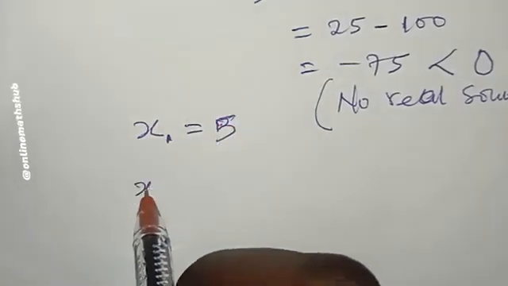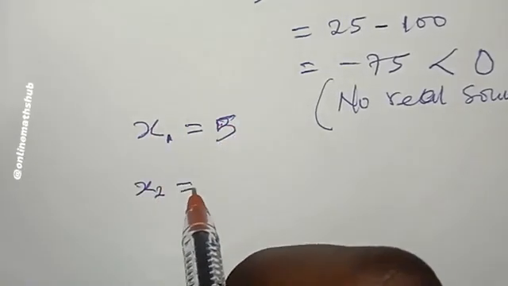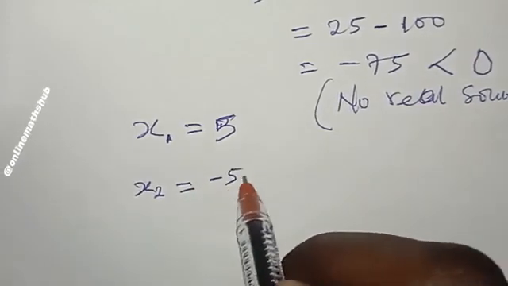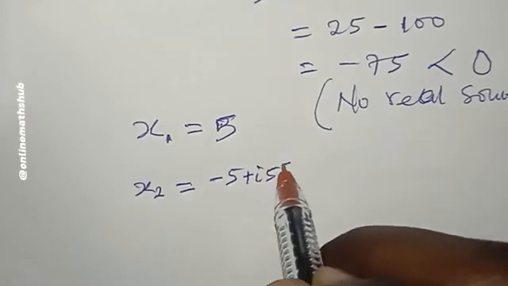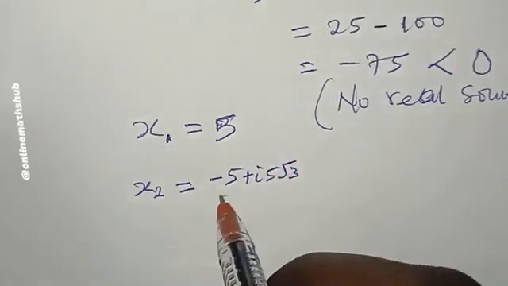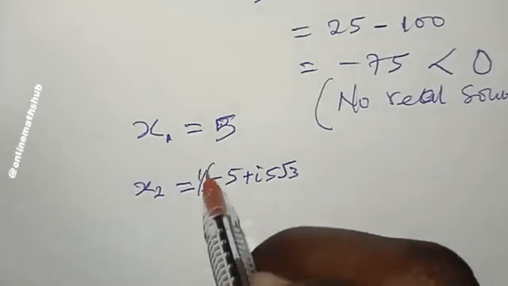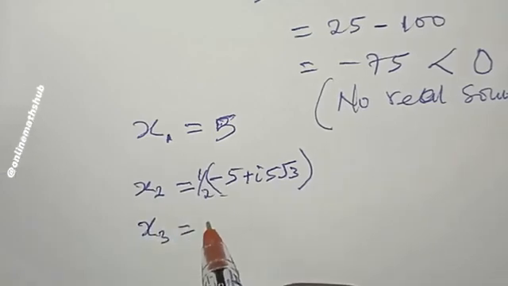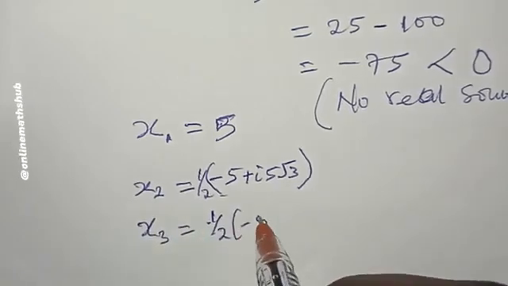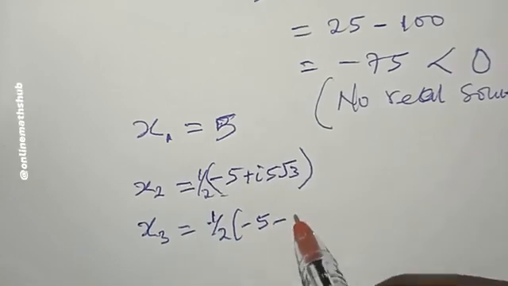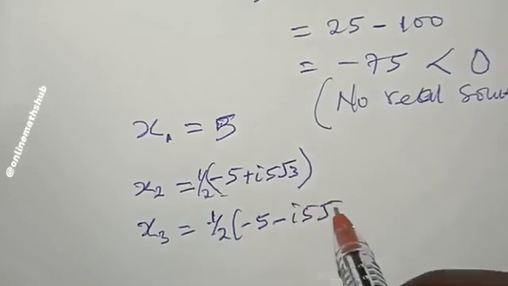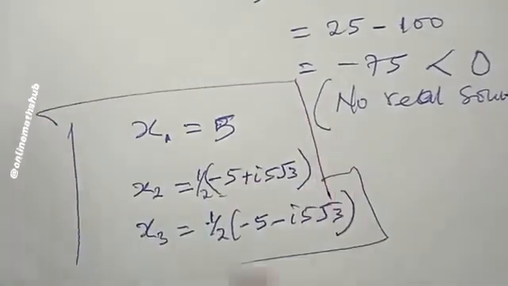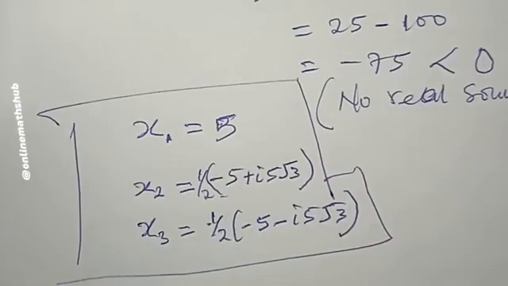The second one, if we term it x2, x will be equal to minus 5 plus i 5 root 3 divided by 2, and x3 will be equal to 1 over 2 times minus 5 minus i 5 root 3. So these are the values of x that are actually going to satisfy the problem we are solving.